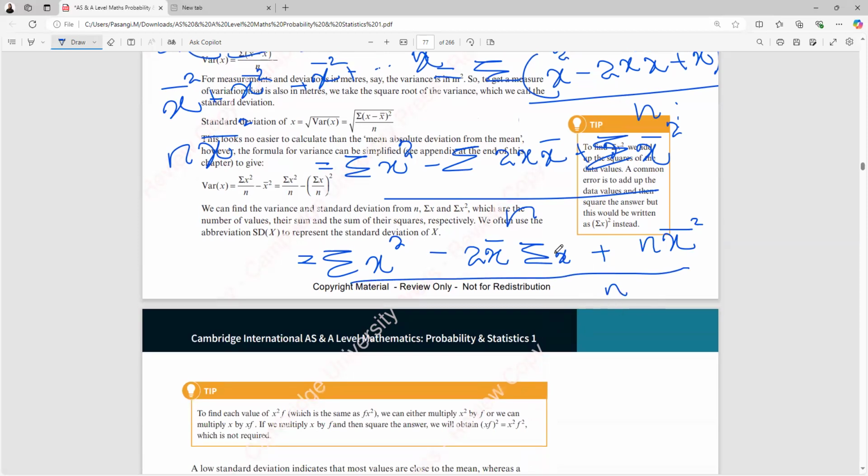Now you know that x bar equals sigma x divided by n.